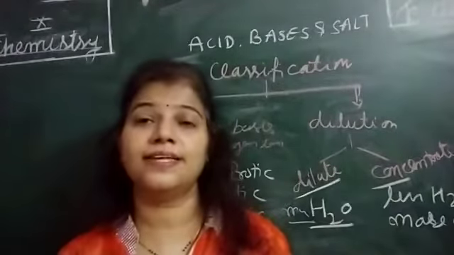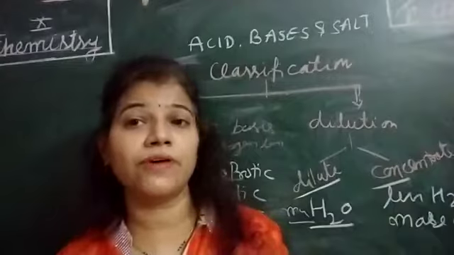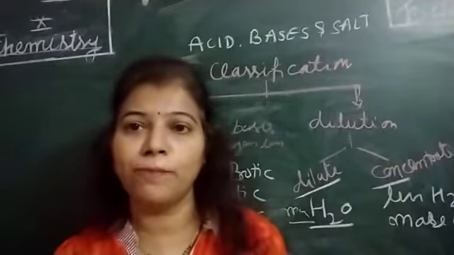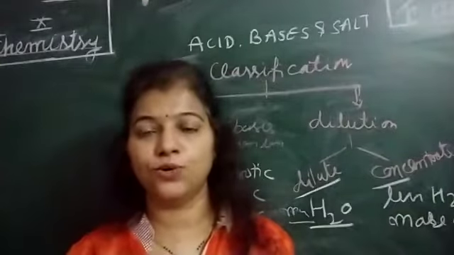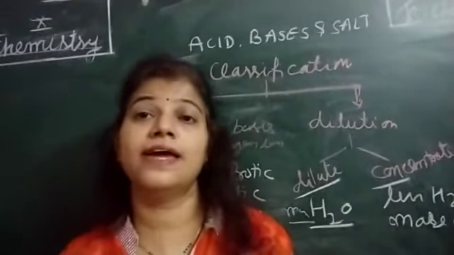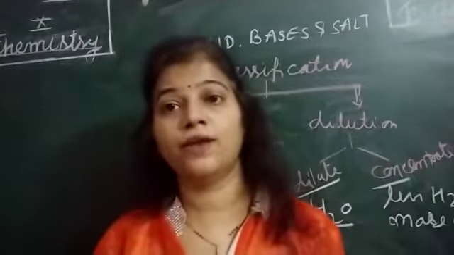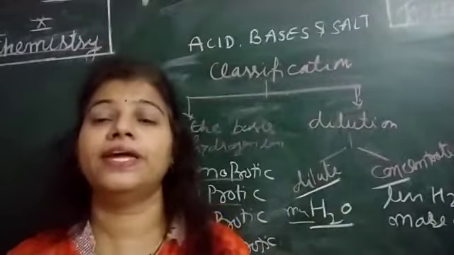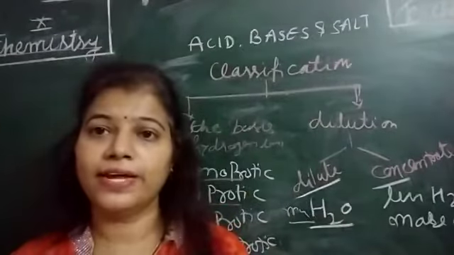Clear? These are examples of organic acid. Mineral acids we obtain from minerals. Examples of mineral acids: HCl, HNO3, H2SO4.